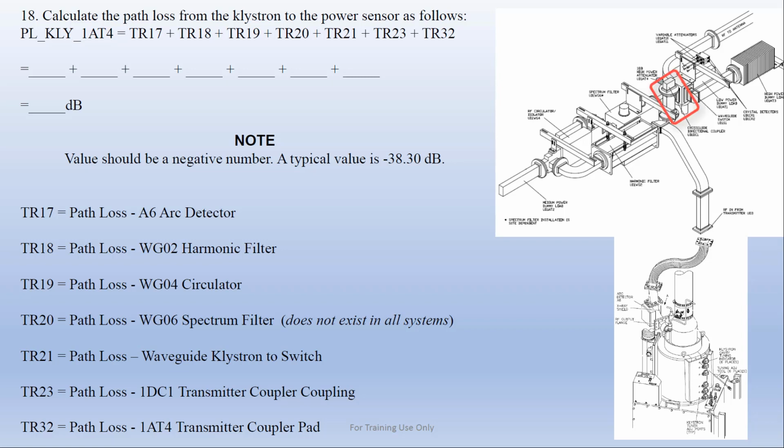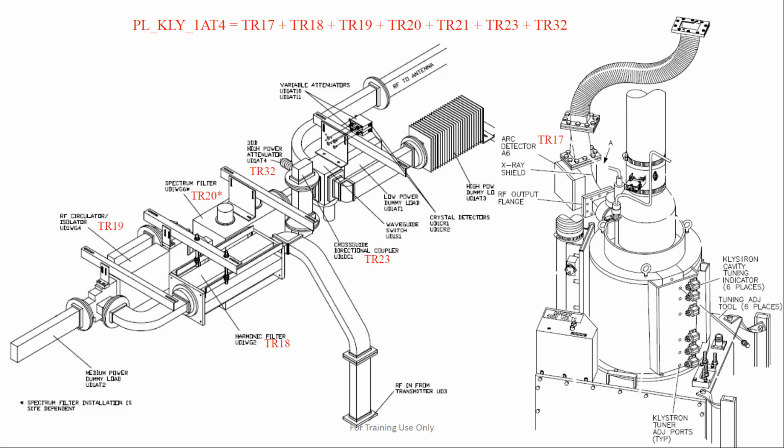The path loss through your directional coupler is TR23, and the path loss through 1AT4 is TR32. And here's a graphical representation with the adaptable parameter numbers associated with the devices that they represent.